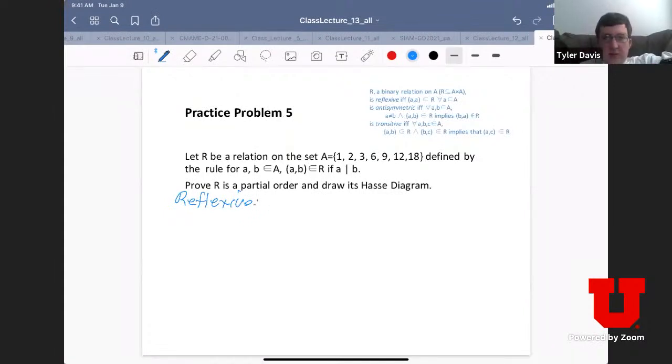So basically, to prove that it's reflexive, we want to show that (A, A) exists in the relation. Yep.